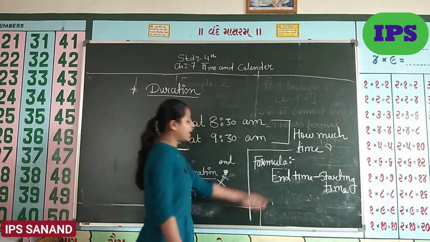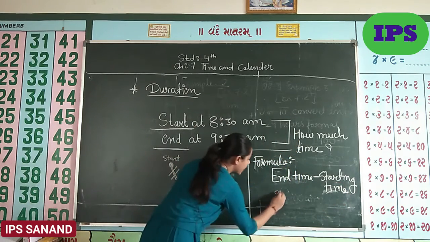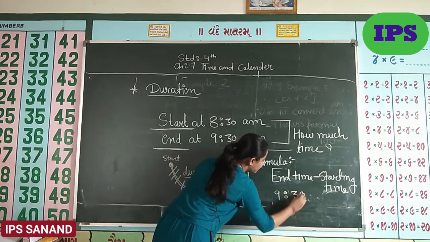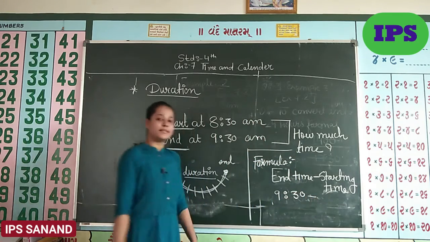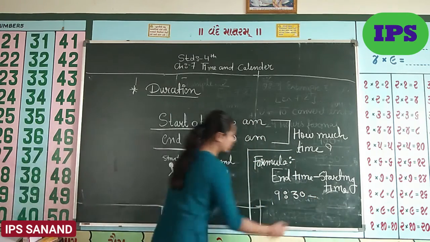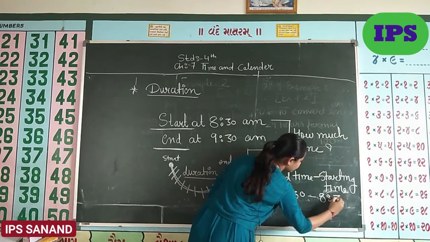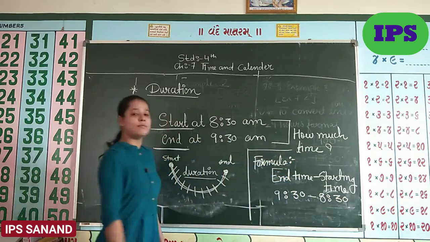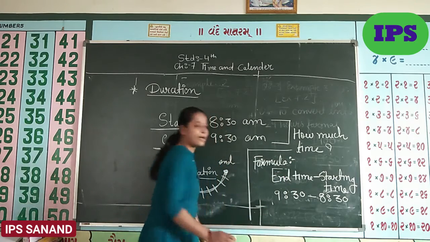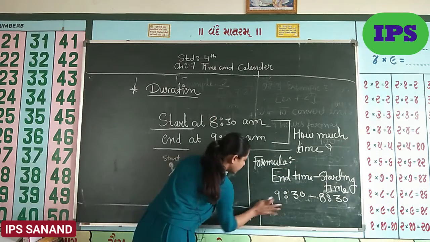My lecture ends at 9:30 and my lecture started at 8:30. So you have to do minus. I'm showing you minus here.